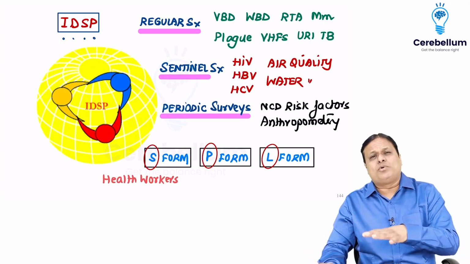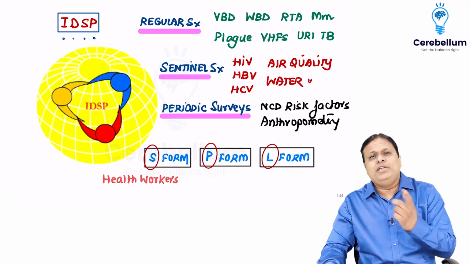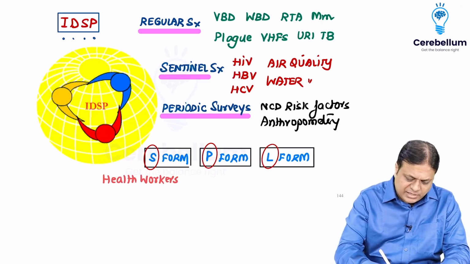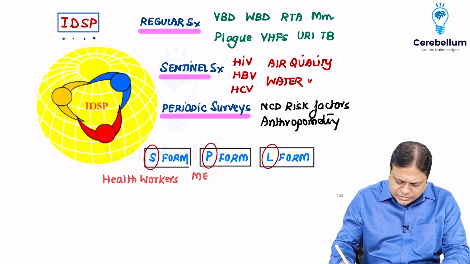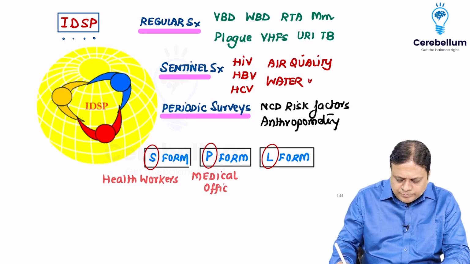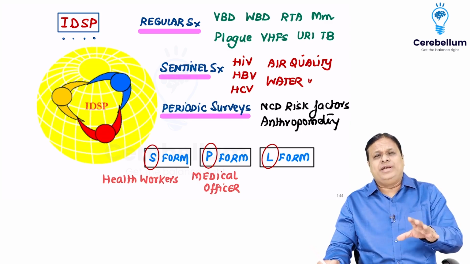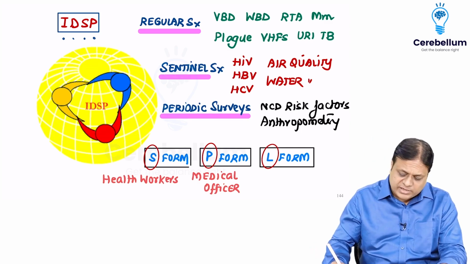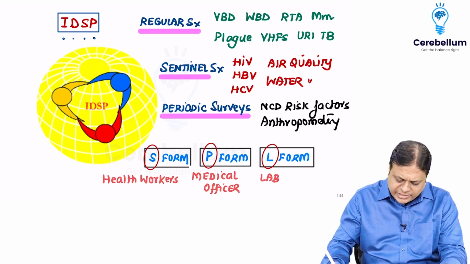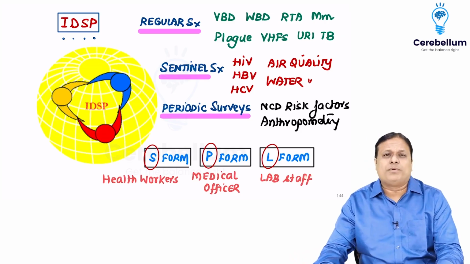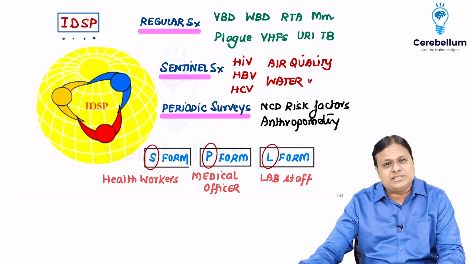Then the patient is brought to the health center, where P form, P is presumptive diagnosis. This is done by you, the medical officer of the primary health center. And finally L form, where laboratory confirmed diagnosis is required. We have laboratory staff who will fill this form for the program operating at secondary level of prevention.